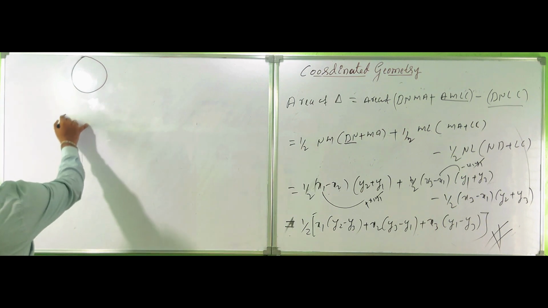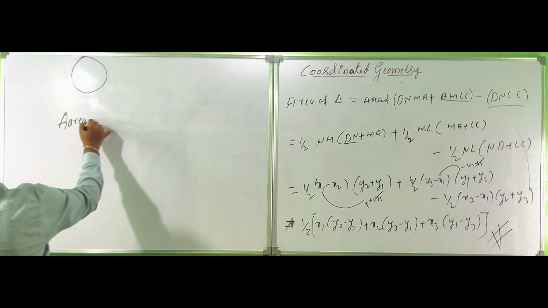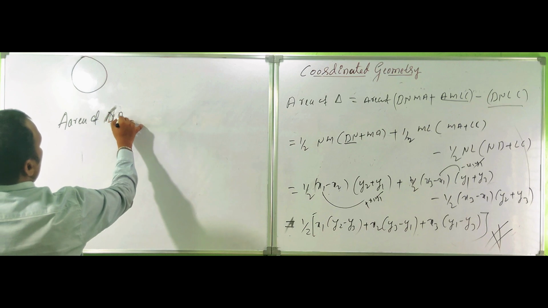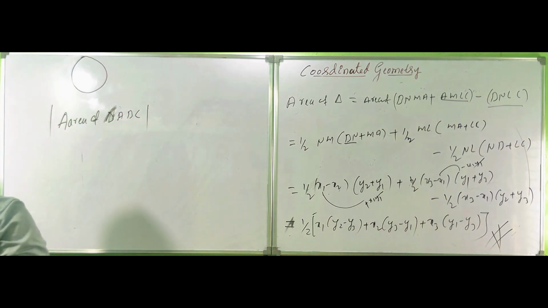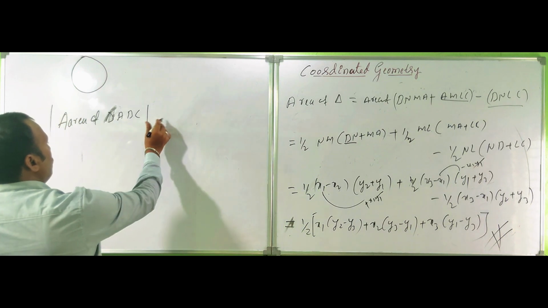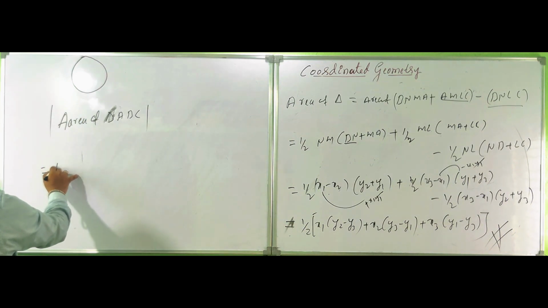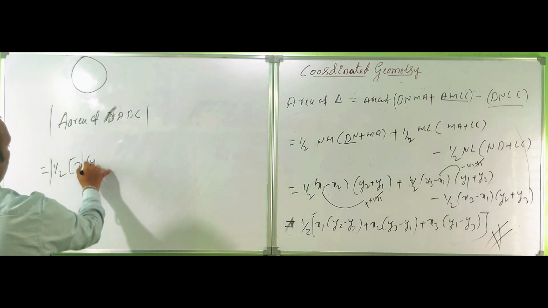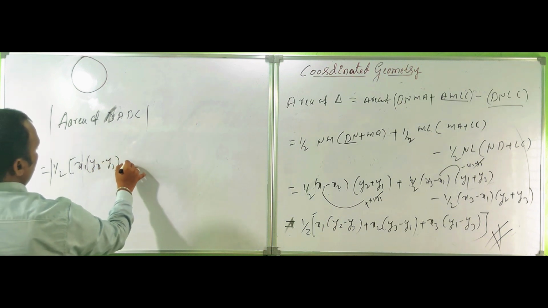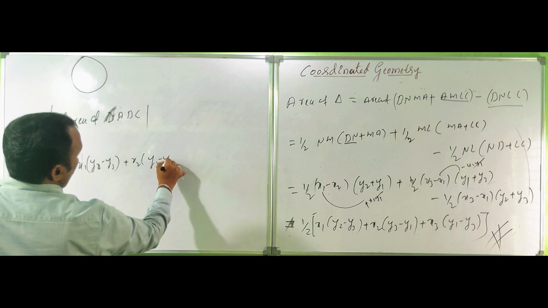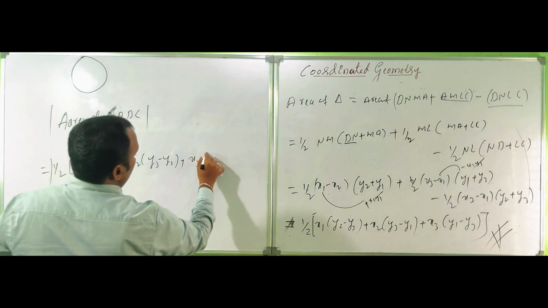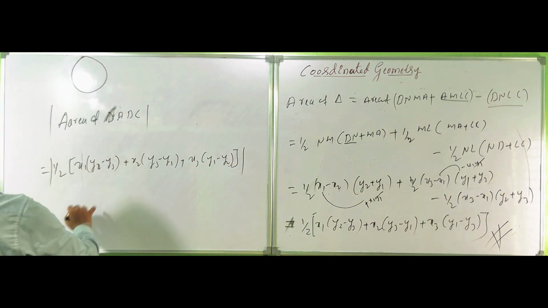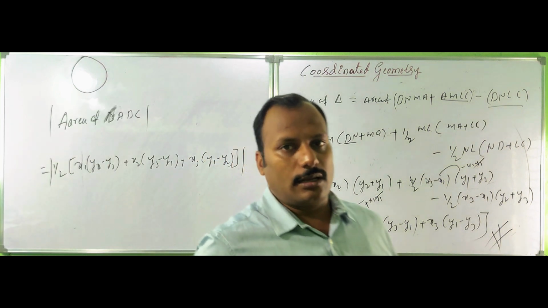The area of triangle ABC is the modulus of 1/2 x1 y2 minus y3 plus x2 y3 minus y1 plus x3 y1 minus y2. This is the modulus because the area is always a positive value.